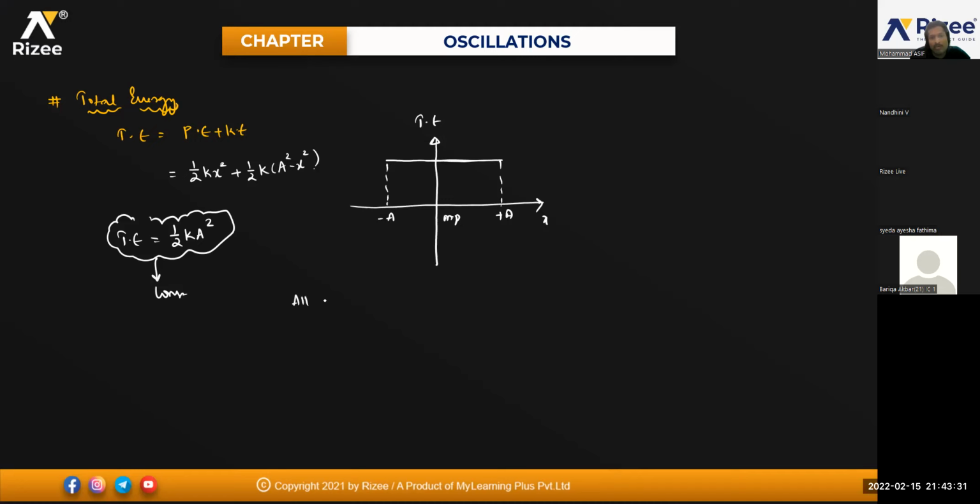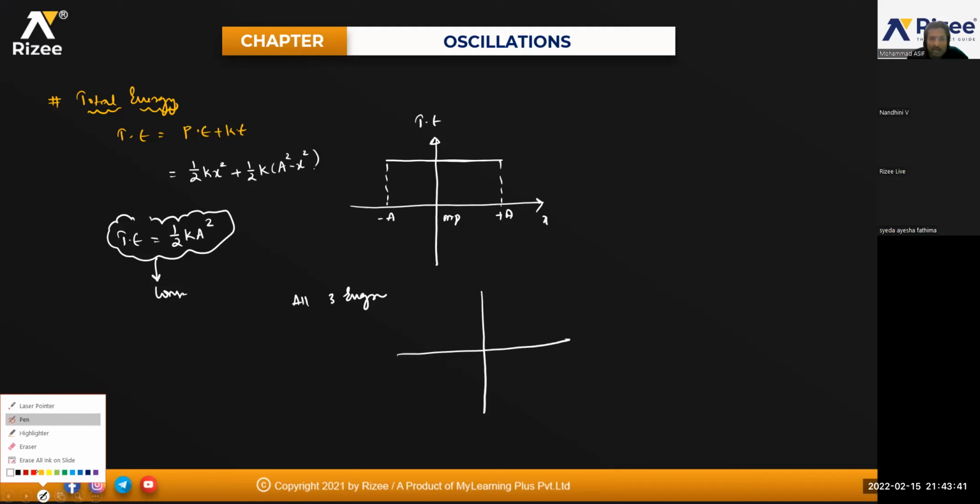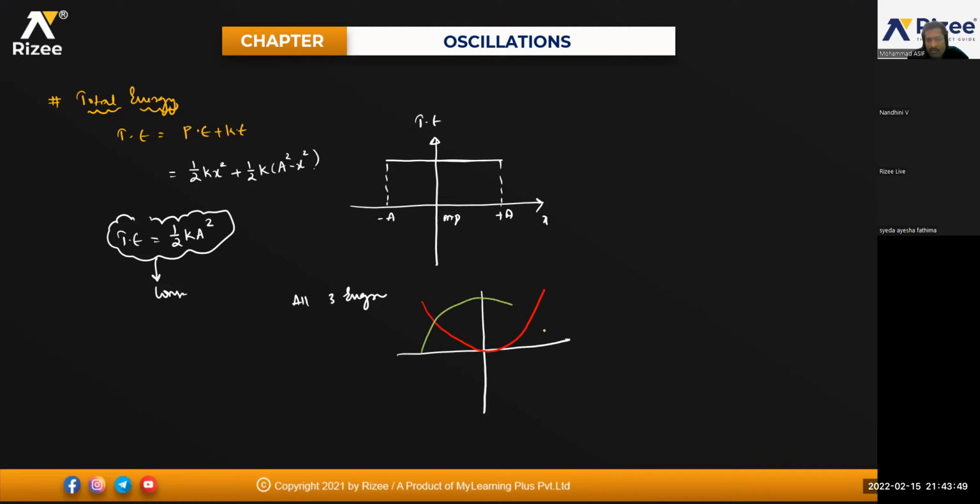If I'm writing all three energies, the graph will be something like this. One I'll draw in the upward direction like this, another graph in the downward direction like this, and another graph is parallel to this.